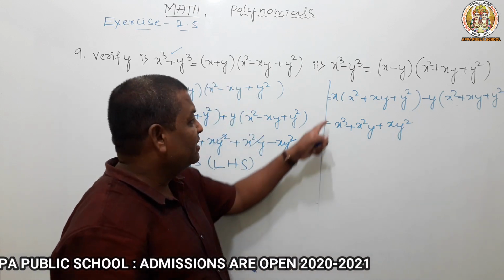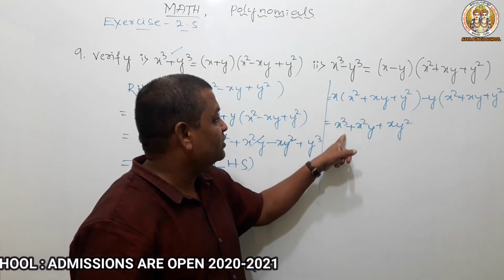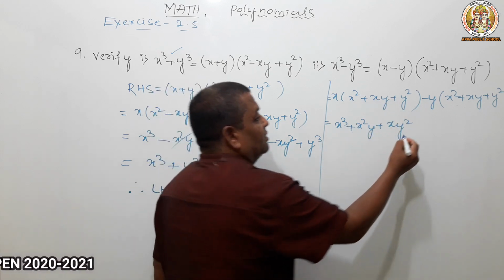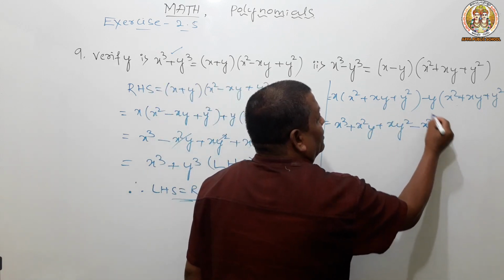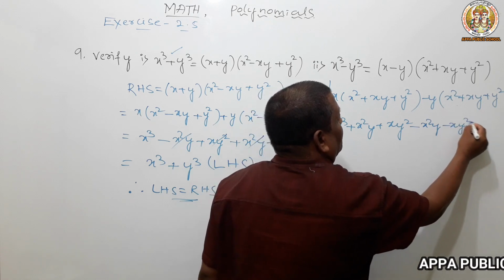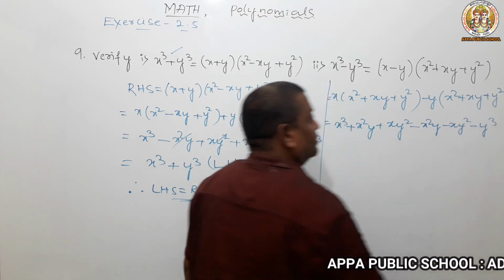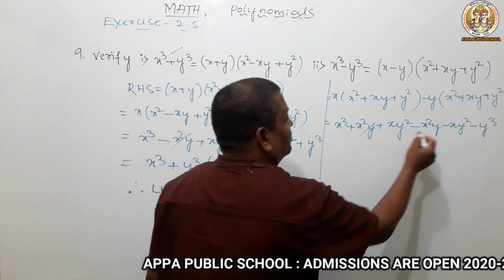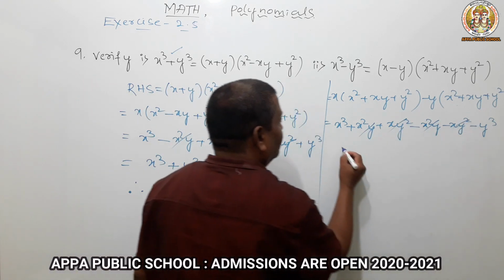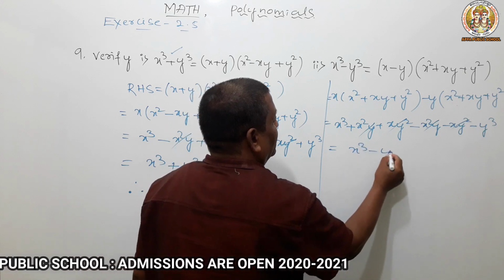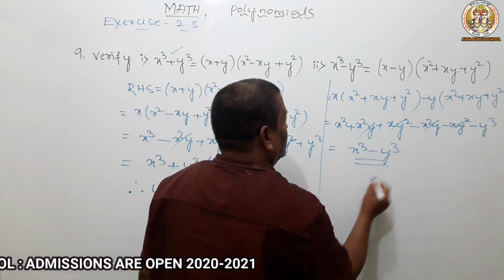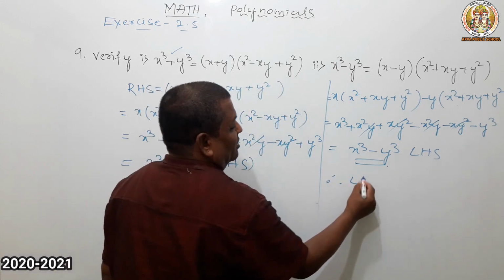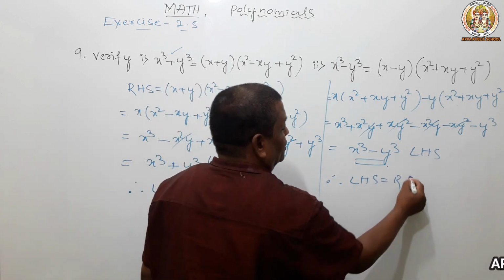I multiplied by x cube, x square y and xy square. Minus x square y, minus xy square, minus y cube. See, same things with opposite sign, they will cancel. What is left? x cube minus y cube. Once again it is LHS. Therefore, LHS is equal to RHS.